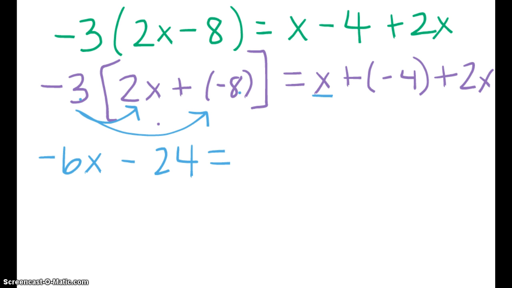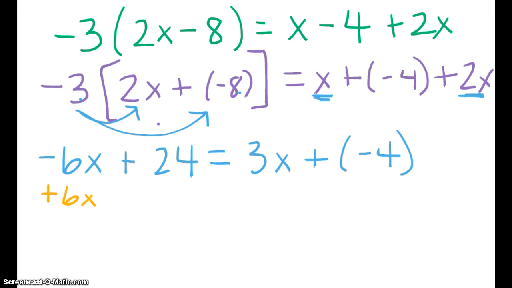On the right side, I'm going to combine my like terms, my x and my 2x. So that makes 3x plus negative 4. Now I have negative 6x over here and 3x right here. Just to keep everything positive, it doesn't really matter which side of the equation you move your x's to, but I'm going to add 6x to both sides.